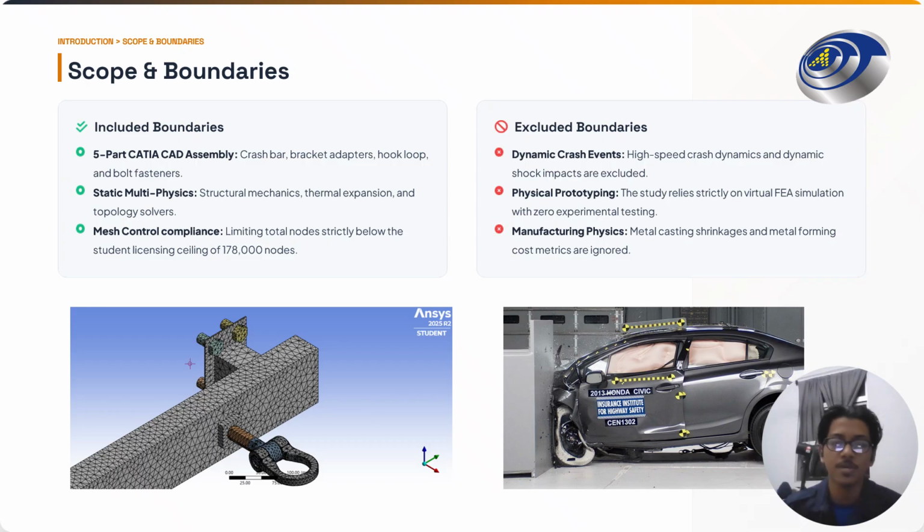And the third one is manufacturing physics. Metal casting shrinkage and metal forming cost metrics are ignored. Essentially, we are doing analysis purely on theories, and we are not going to apply all of our theories to the real world.